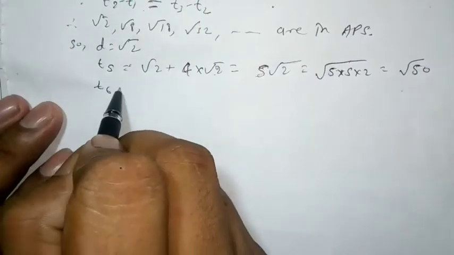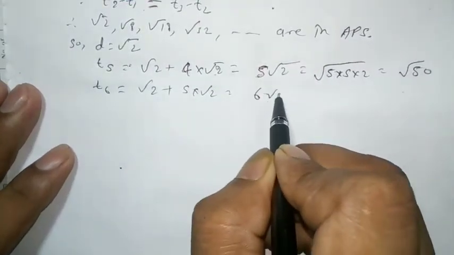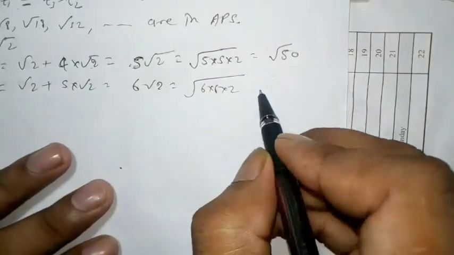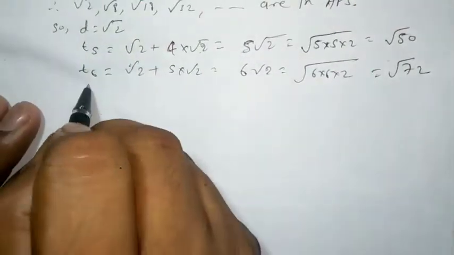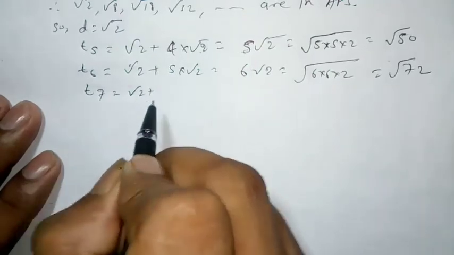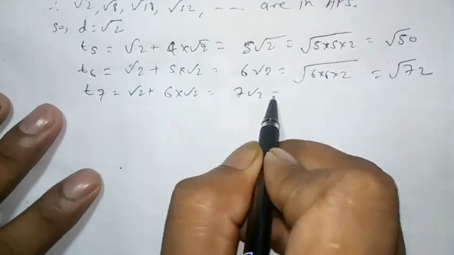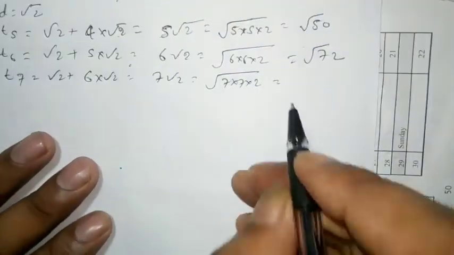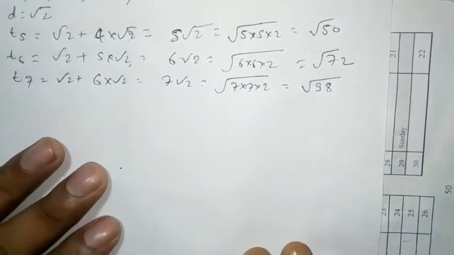Now t6 is equal to root under 2 plus 5 into root 2 is equal to 6 root 2 is equal to root under 6 into 6 into 2 is equal to 72. t7 is equal to root under 2 plus 6 into root under 2 is equal to 7 root 2 is equal to root under 7 into 7 into 2 is equal to root under 98.